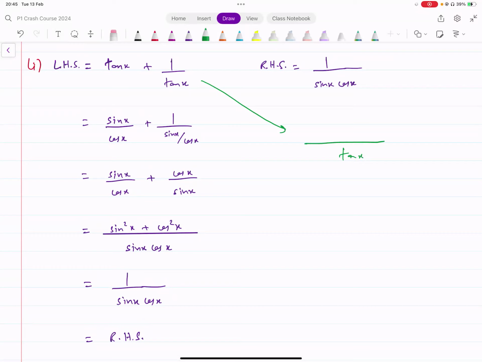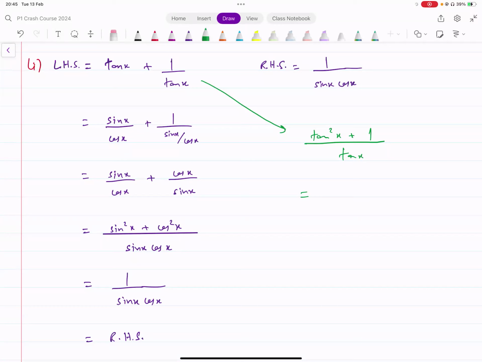If you took LCM directly first, you would get tan square x plus 1. And now you can convert it to sine over cos at this point, right? Because there's not much that you can do after this.